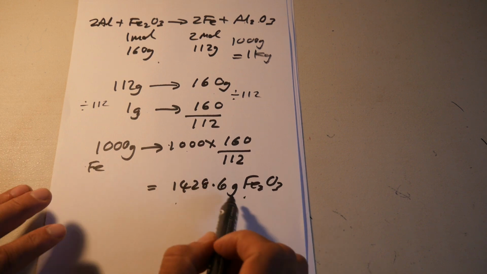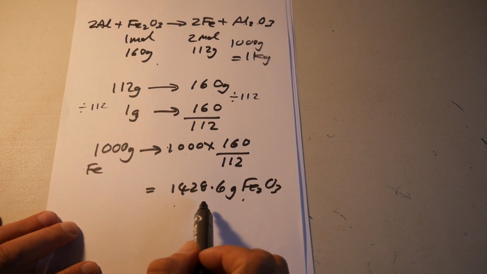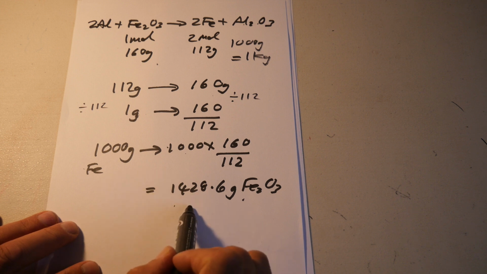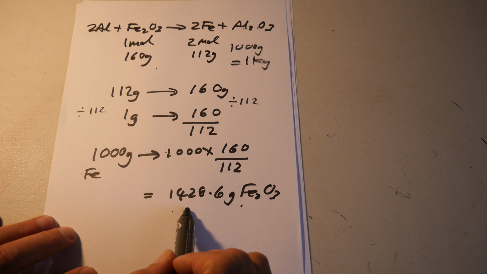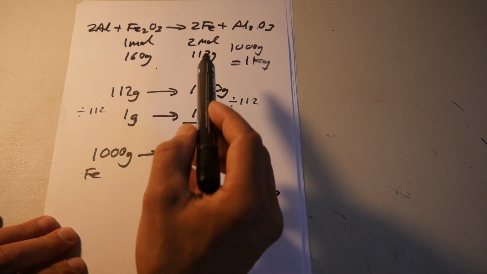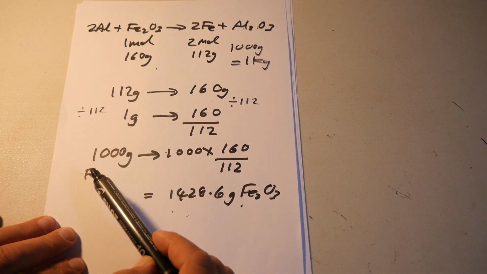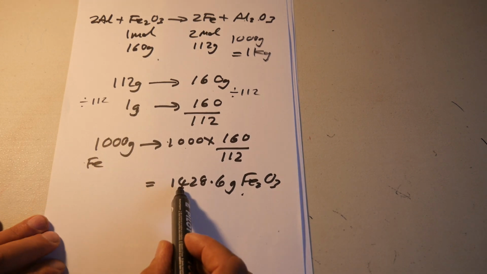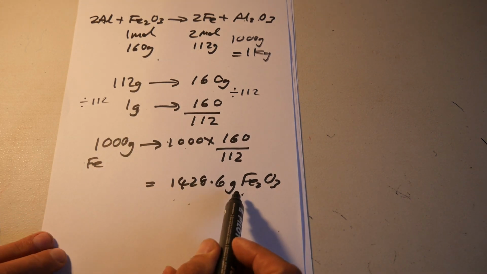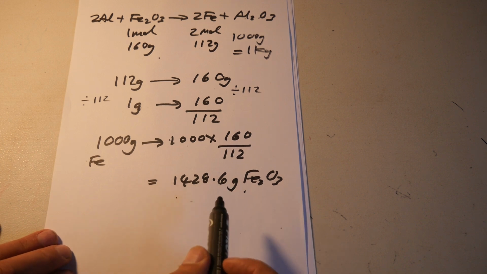So if you want 1,000 grams of iron, we know that we need to start off with 1,428 grams of iron oxide, 1.4 kilograms.